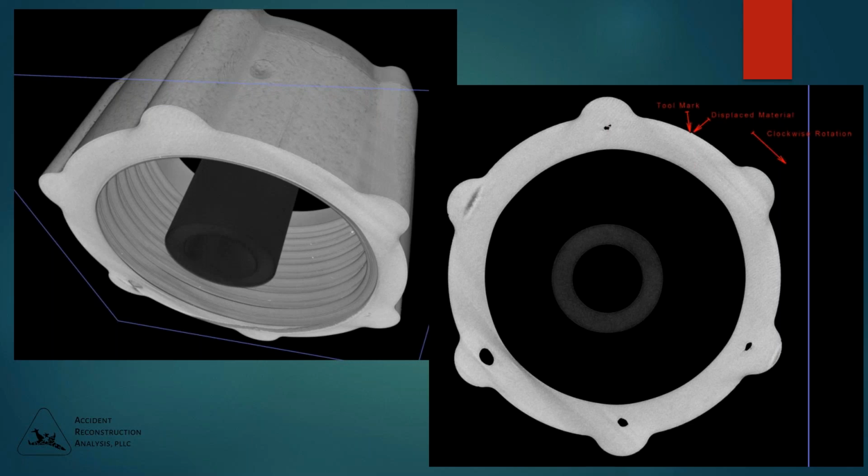The manufacturer's instructions indicate that this should be tightened by hand, and there shouldn't be any tools used on it, to prevent, I guess, damage to the fitting. This is also a good example of showing voids within a component. You can see along all of the ridges on this, there's a void associated with most of them.